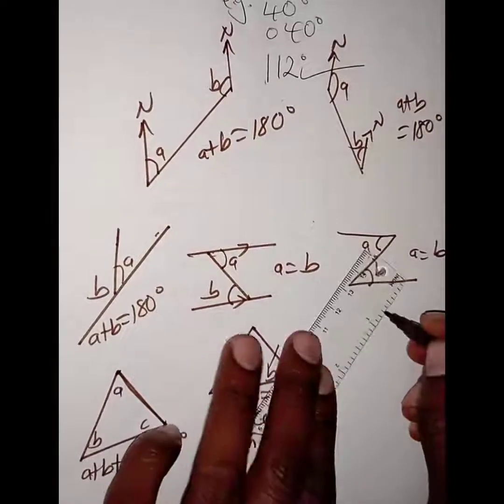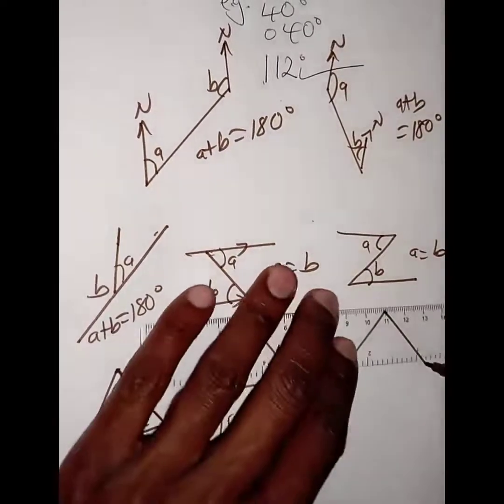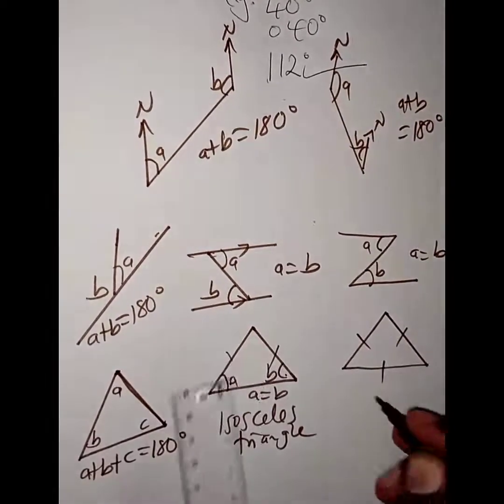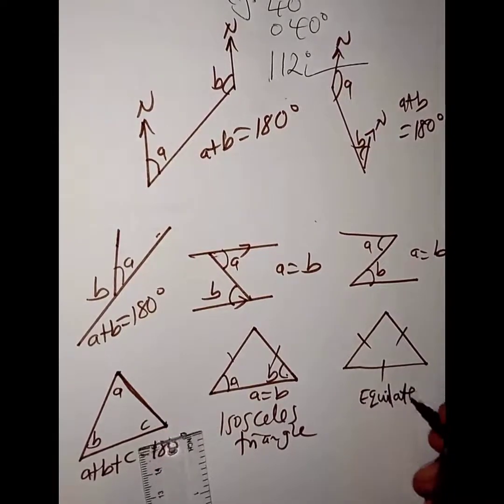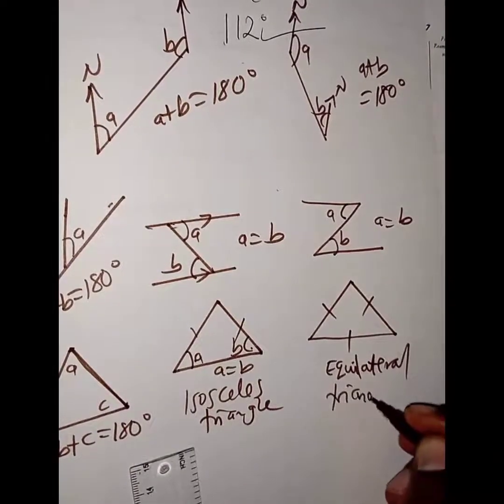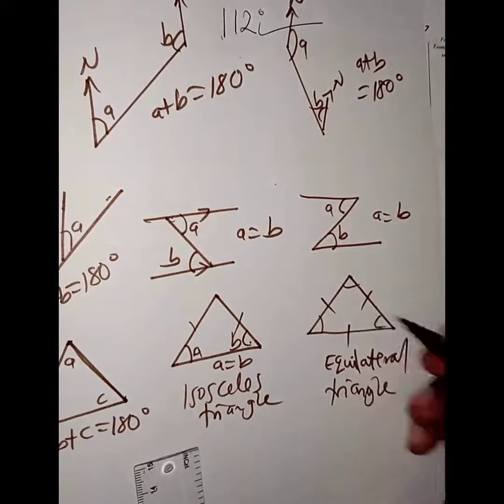Another important property is what we call an equilateral triangle, meaning all the angles will be equal.